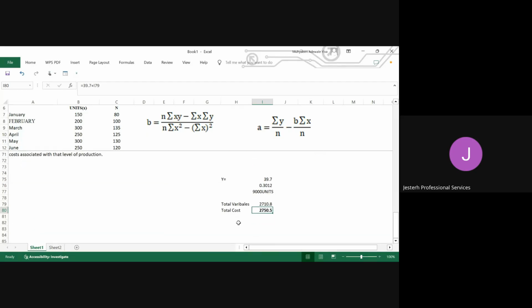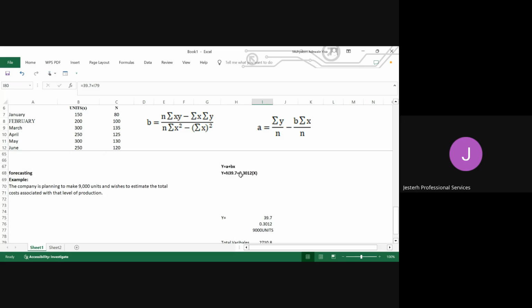You ask how we arrive at this, if I get your question very well. Remember that this is our cost function that we derived from the first one. The company is planning to make 9,000 units and wishes to estimate the total cost associated with that level of production. Very simple.